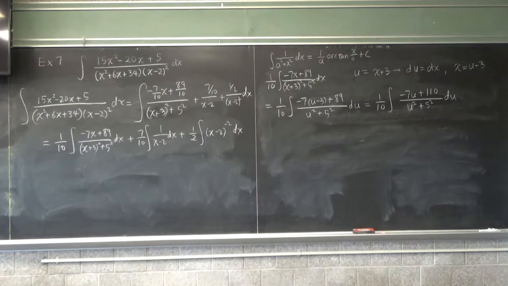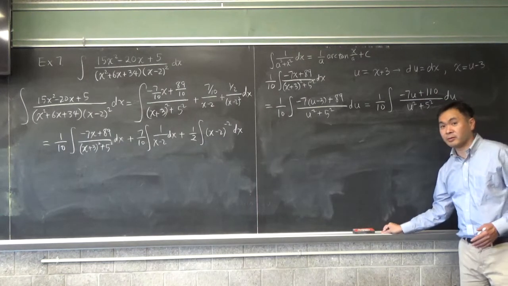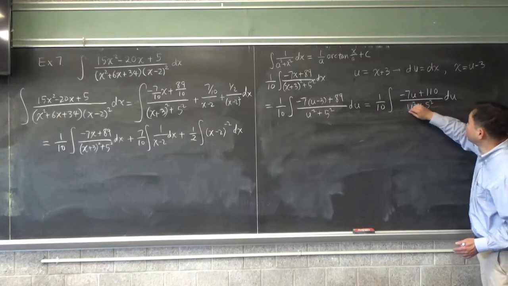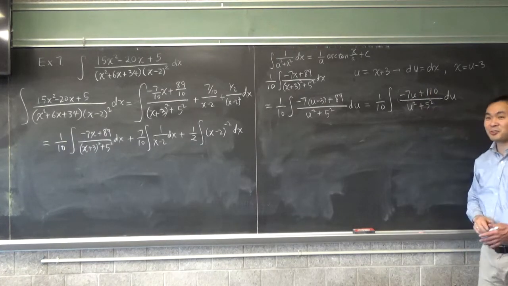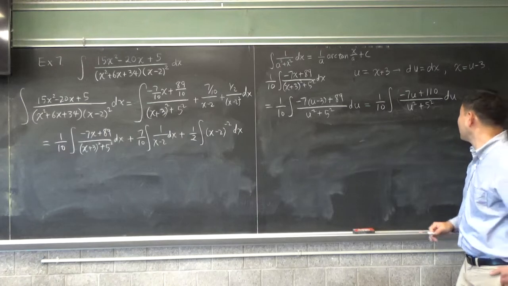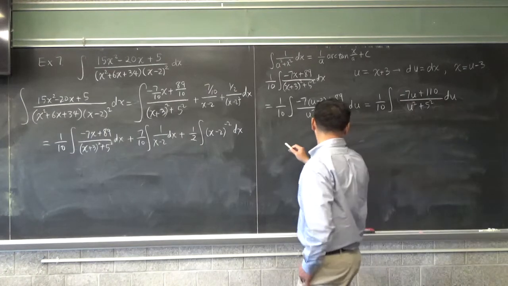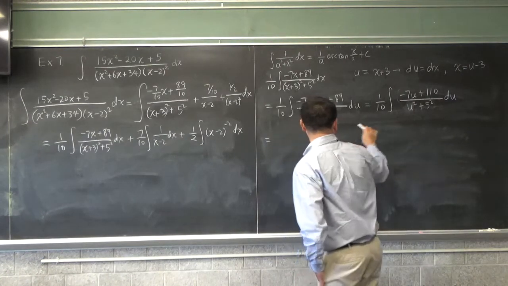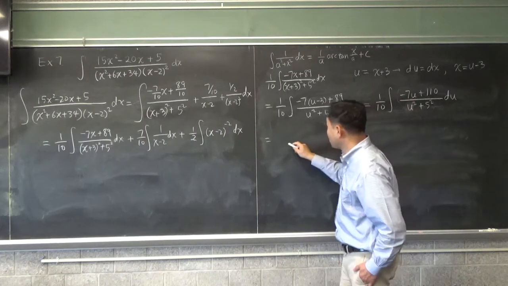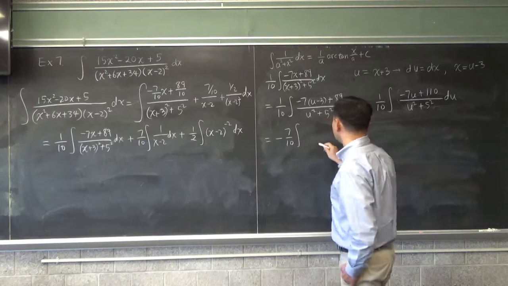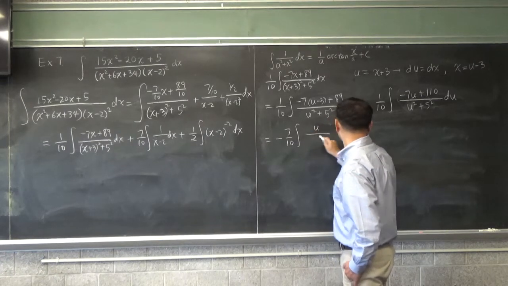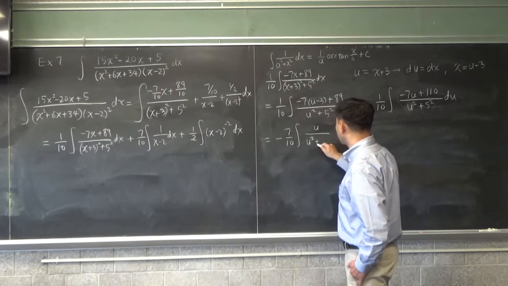How do we integrate this? We split it like that. And let's pull out the negative 7 after splitting. So negative 7 over 10 integral of u over u squared plus 5 squared.